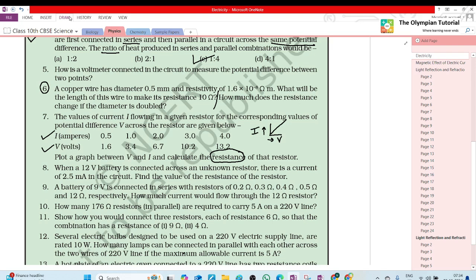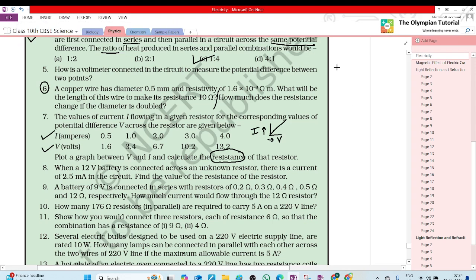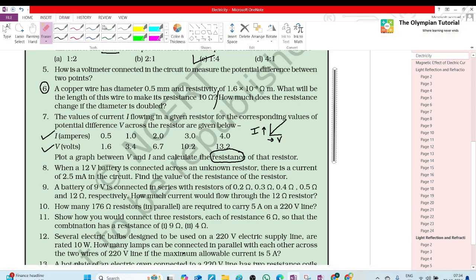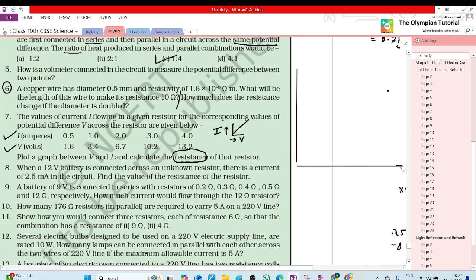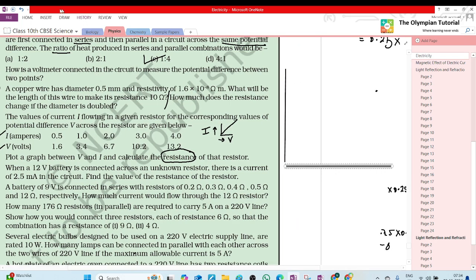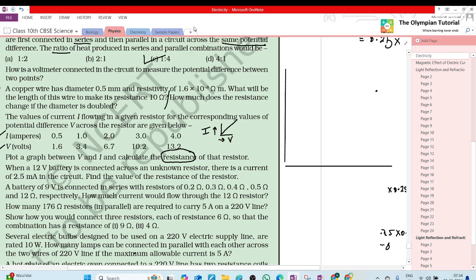Potential difference. Okay. Tanya, did you get this? On the x-axis we will take potential difference. Tanya, are you there? Yes, ma'am. Is it correct? We will take potential difference on the x-axis.